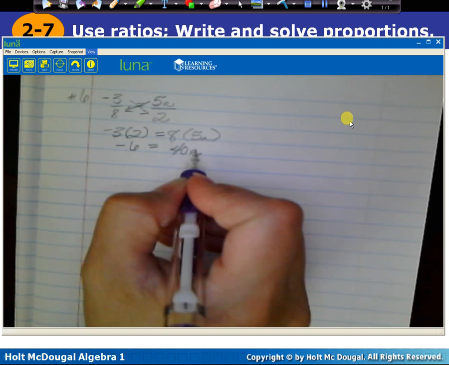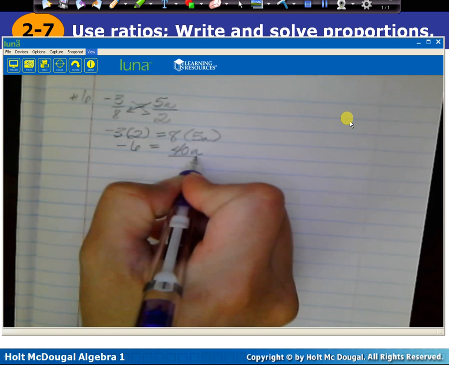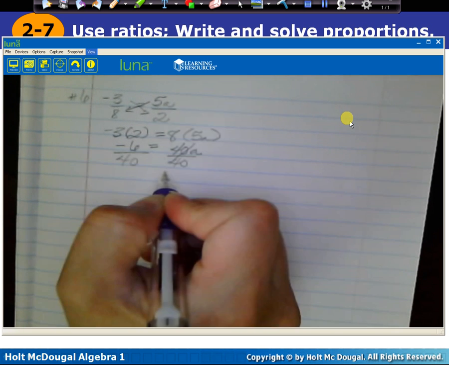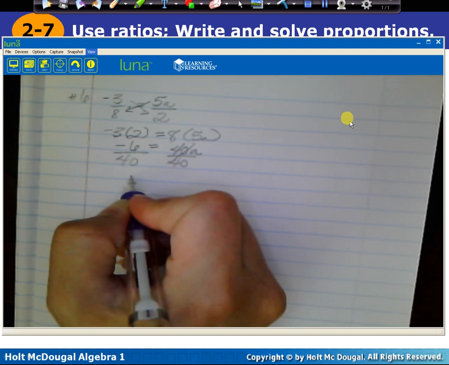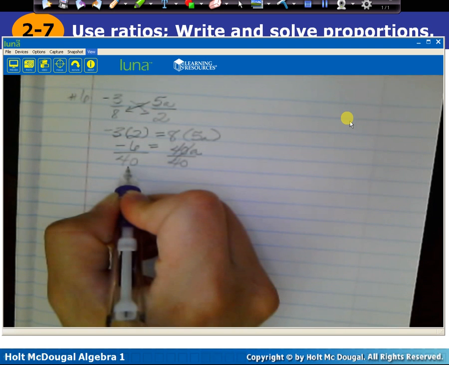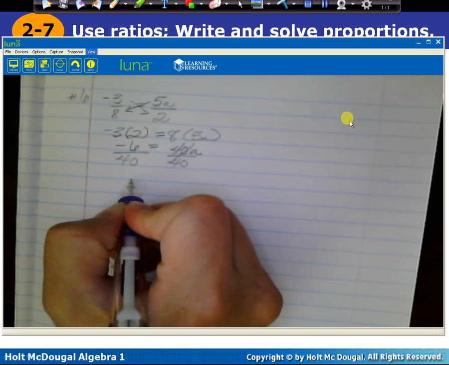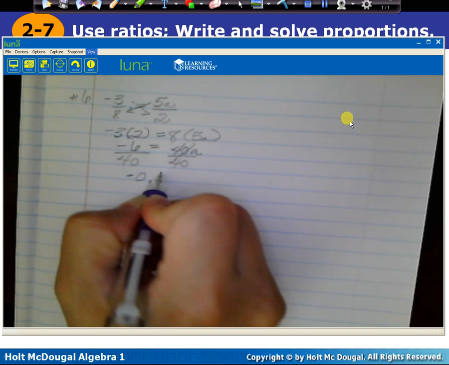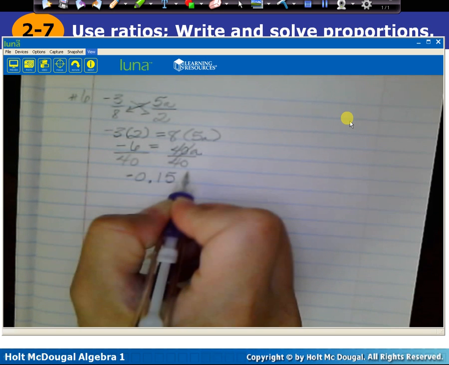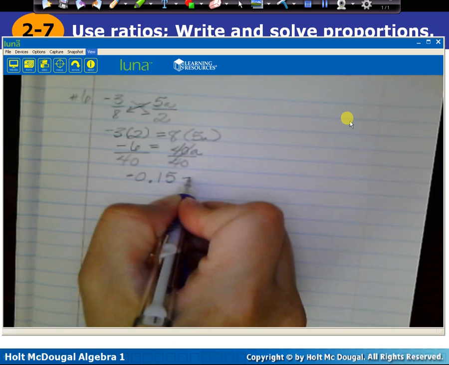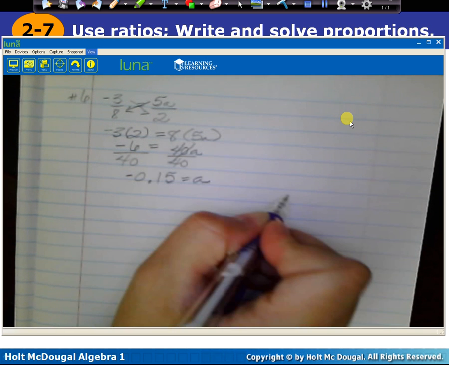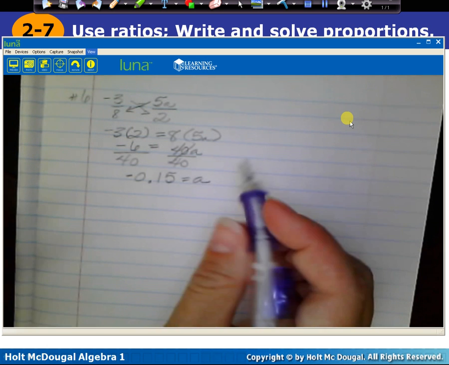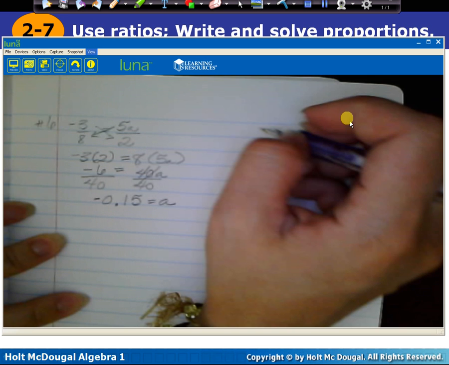We're going to divide both sides by 40, to get our a by itself. And negative 6 divided by 40, I'm going to do in my calculator, obviously, because it's going to come out to be a decimal, and it's going to give me negative 0.15. So a equals negative 0.15.